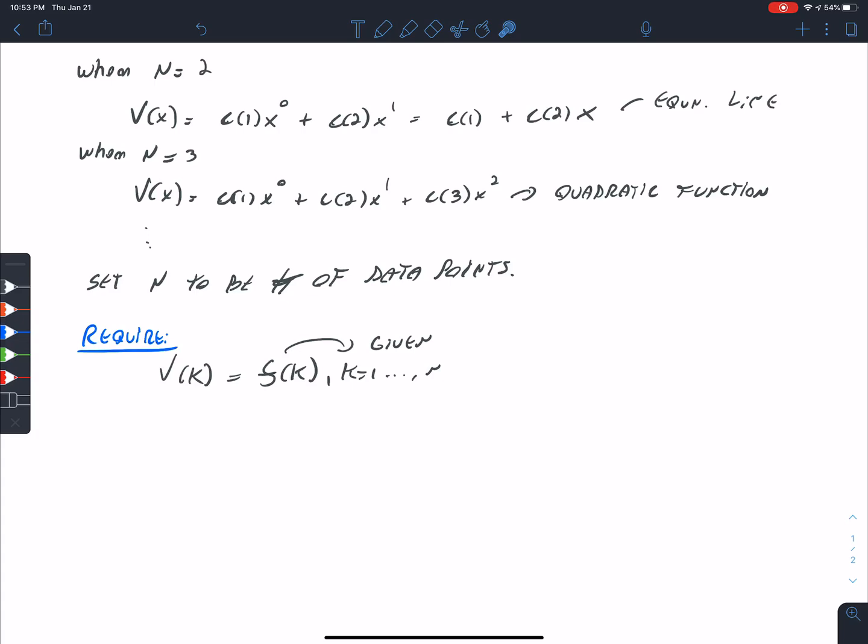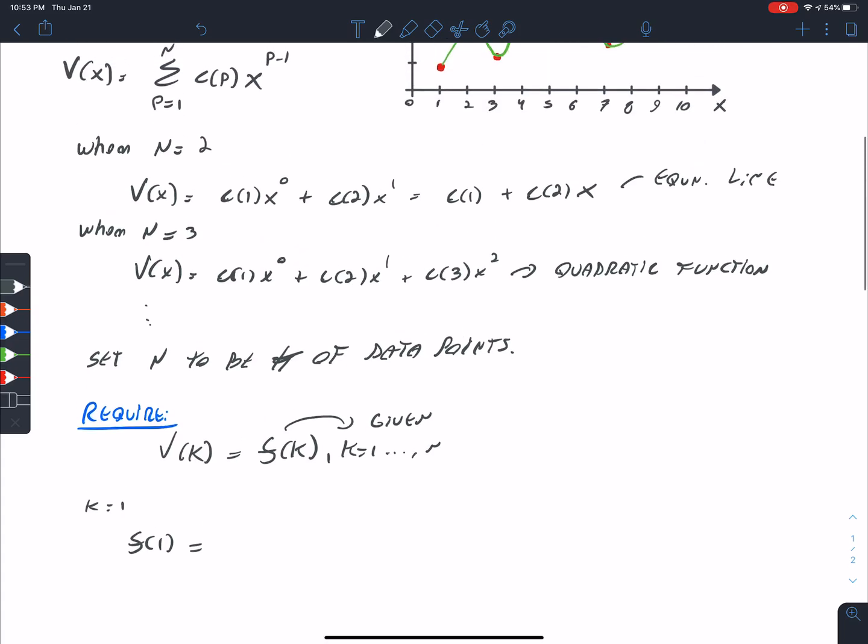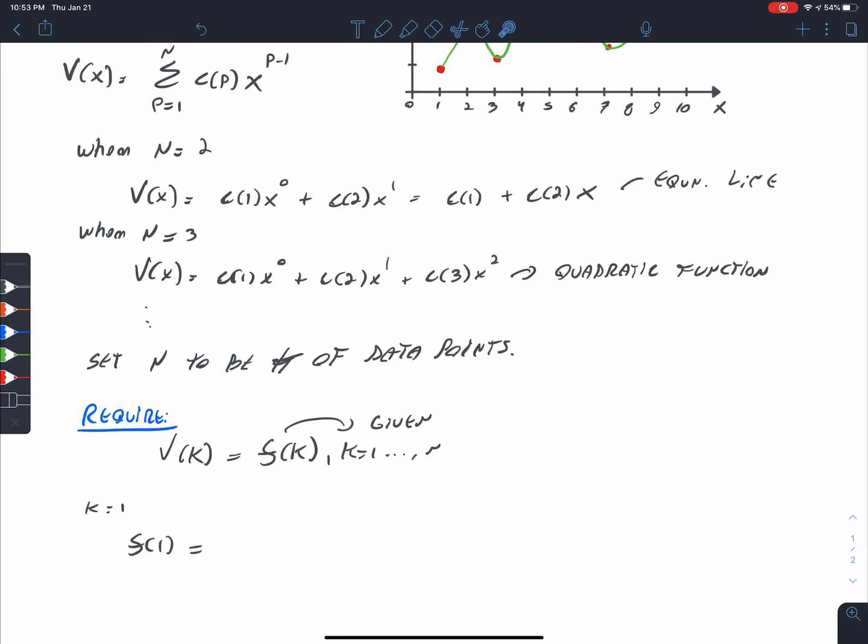Let's do it for, let's say, the first element, right? So we have to say that for k equals 1, f of 1, which is given, has to be equal to, here's the polynomial again, so we just have to plug in this formula. This has to be equal to c1 times x to the 0, right?